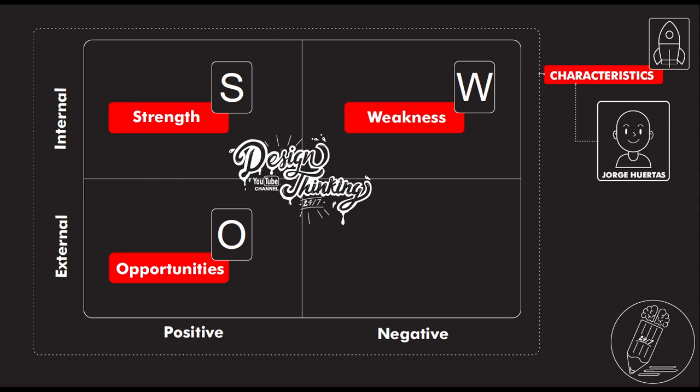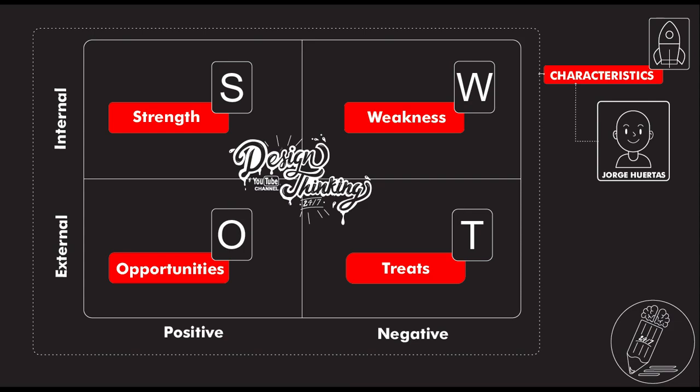It's very important that if you are making a SWOT analysis, you try to make it as a group, not just one person, because having the perspective of multiple people will allow you to keep an open mind and see things that maybe you haven't seen yet. And finally, we have the threats.